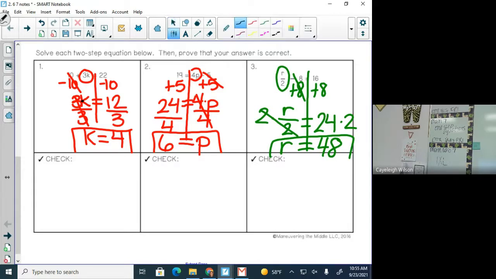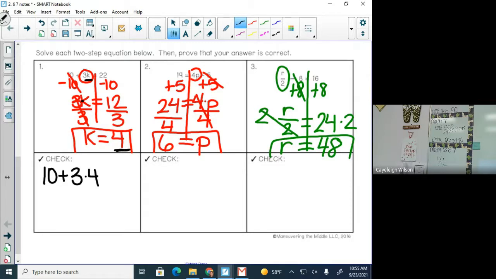All right, so I'm going to take this 4, and I'm going to plug it back in for k. And I'm hoping that it equals what? 22, because that's what the problem equals. So the problem is 10 plus 3 times k. Well, 3 times k, but what's k? 4.